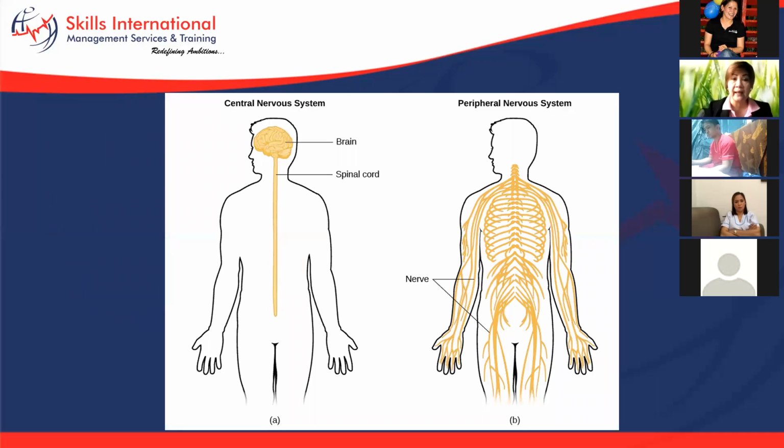Showing you, ito ang ating central nervous system. Sa taas nito, we have the brain and the spinal cord. So to the right, makita natin yung peripheral nervous system, yung mga nerves na supplying doon sa buong katawan.